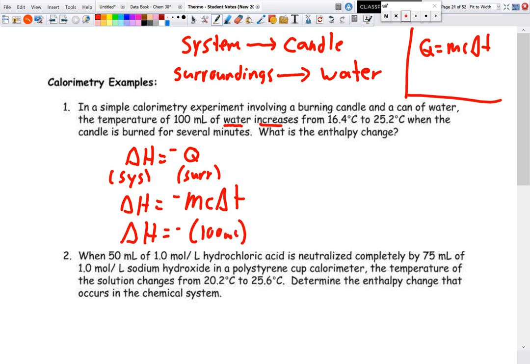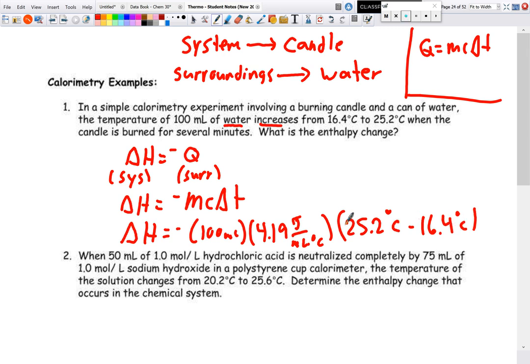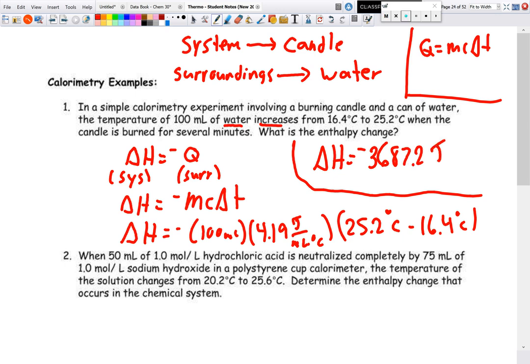100 milliliters. Then we use 4.19 joules per milliliter degrees Celsius. And our temperature change, final 25.2 degrees Celsius minus our initial 16.4 degrees Celsius, and we end up getting, I'm just going to write this up here because I ran out of space, delta H is equal to negative 3687.2 joules.